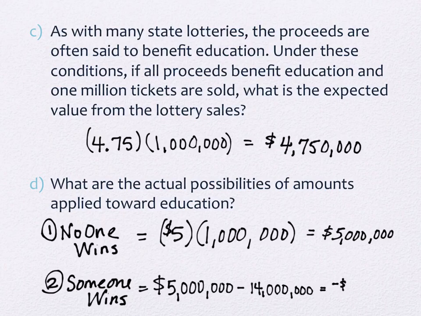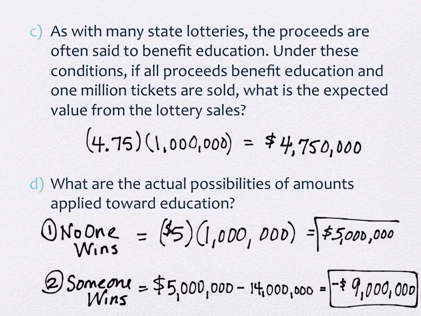What's 5 million minus 14 million? Close. Negative $9 million. Those are the real outcomes, not the on average outcomes, but the real outcomes of playing the lottery system one time with those constructs.